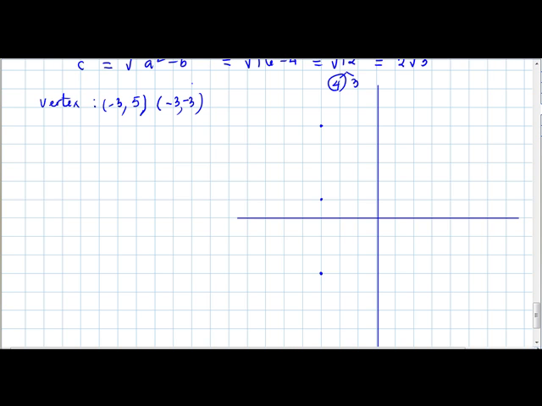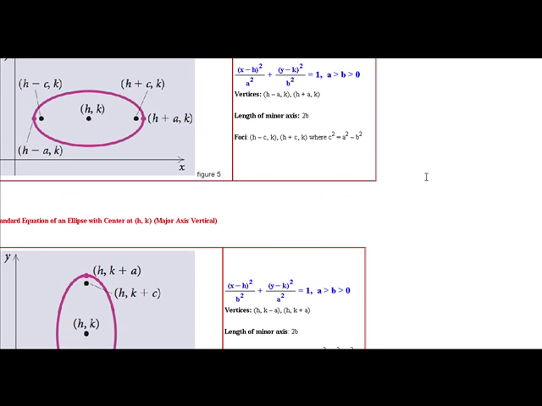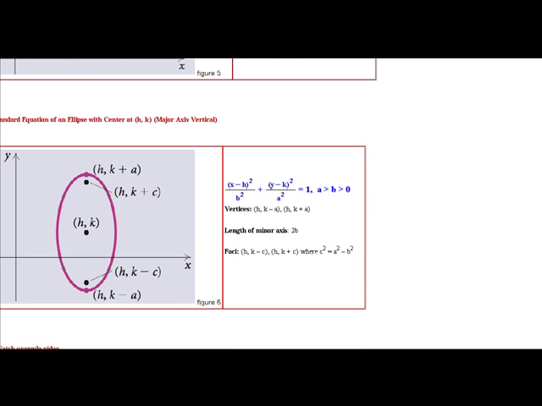Okay. If you like, you can always use the formula that I gave to you, but I'm the kind of person who doesn't like to memorize a formula if I don't have to. Okay, here's the formula. I know h and k.